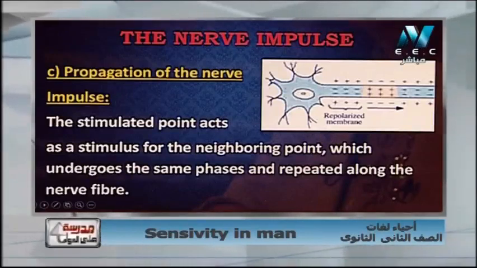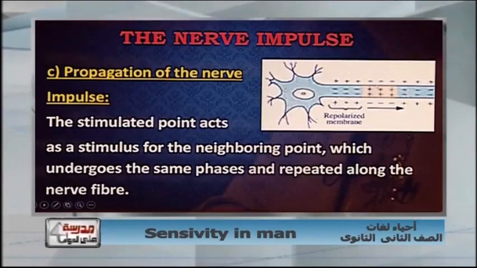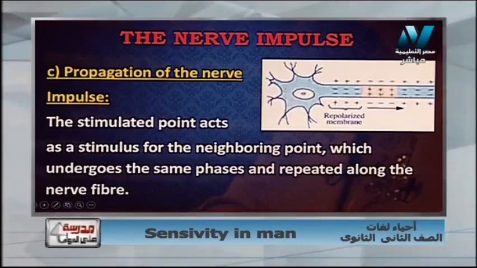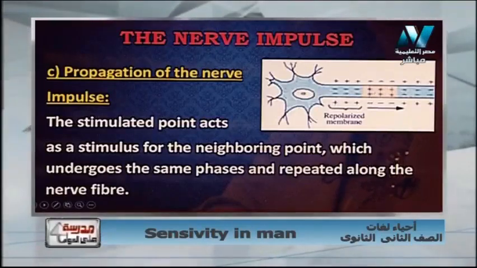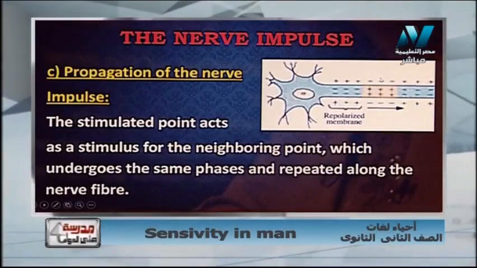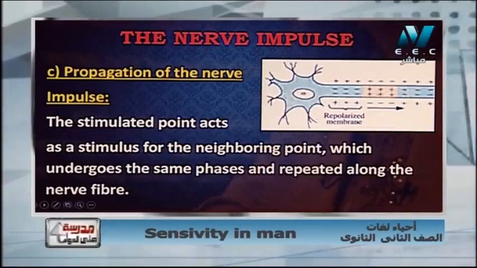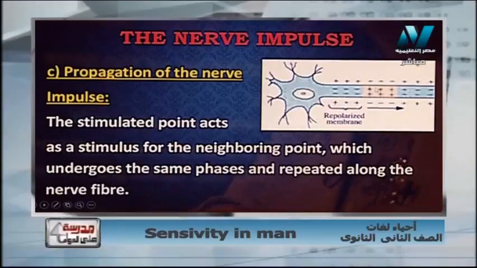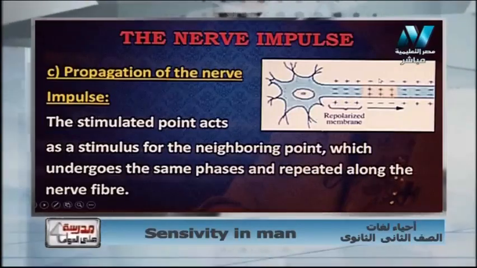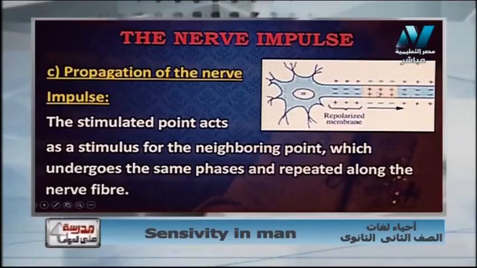And you can notice in this picture that the disturbance is transmitted to the neighboring point. Okay, so the second point or neighboring point becomes reversed in charges, negative ions outside and positive ions inside.